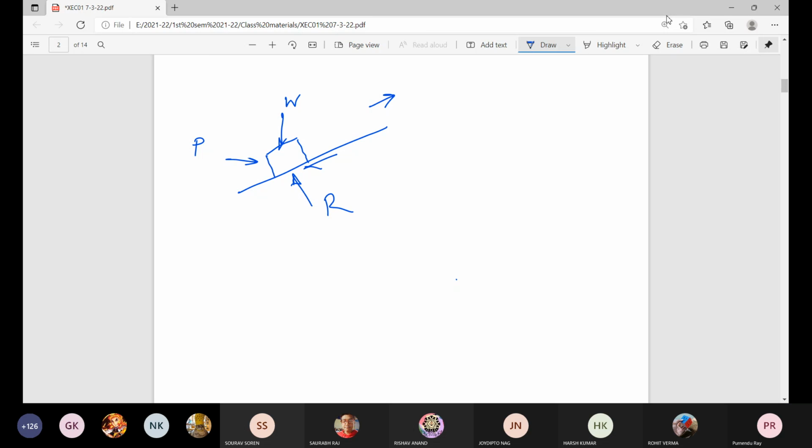Reaction, if it is moving, it's like that only.